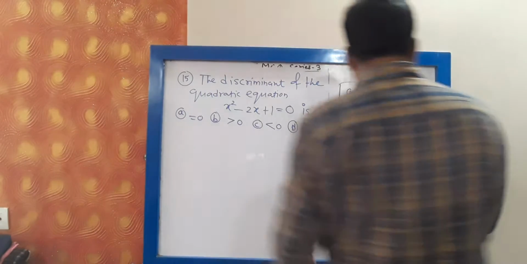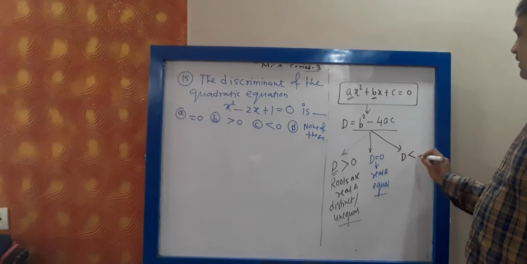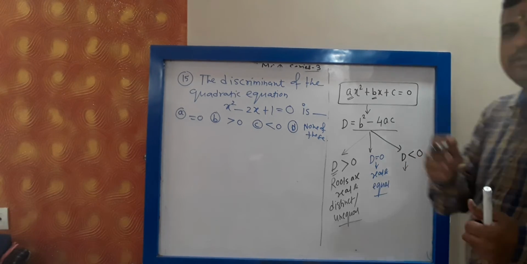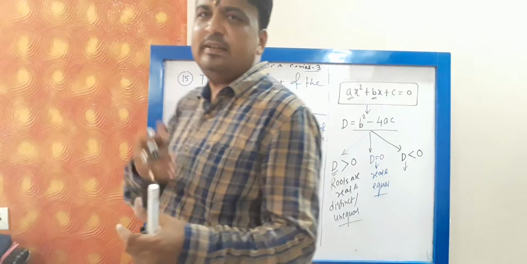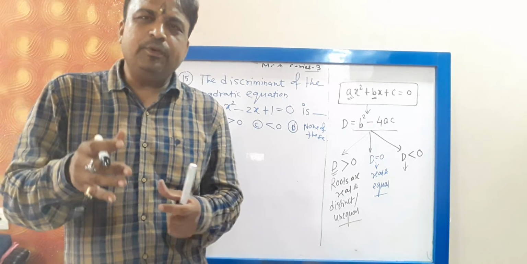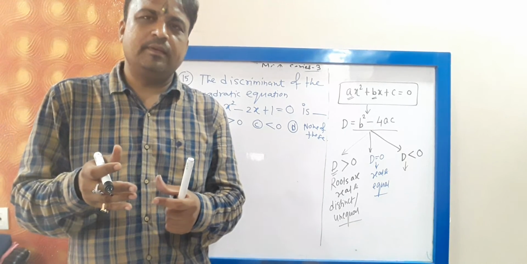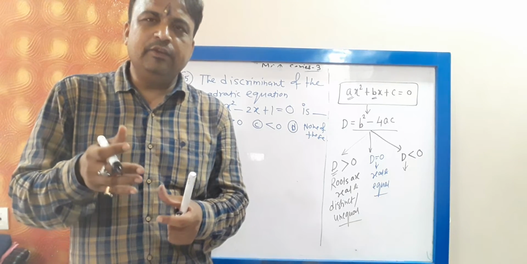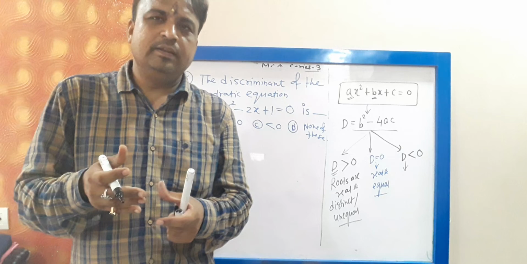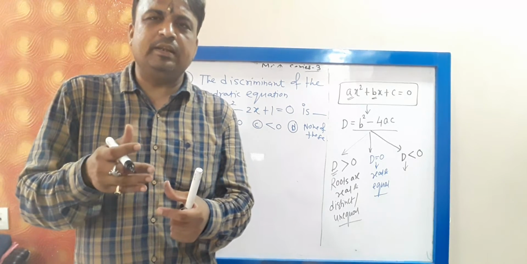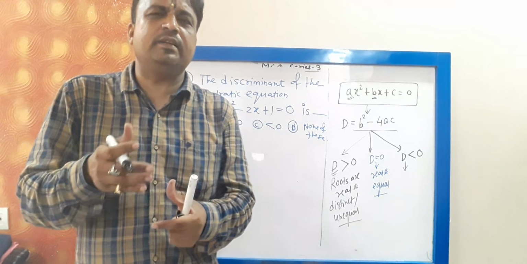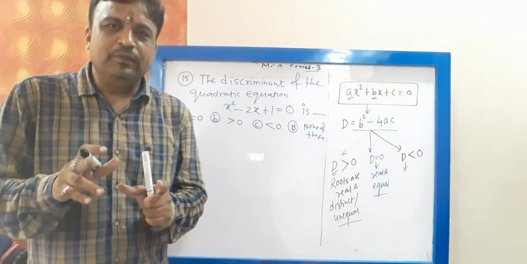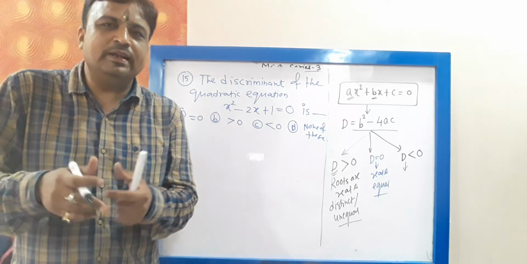Then third, if D is negative, D is less than 0. This is what I have explained in class while teaching: when you are negative, you go into depression.